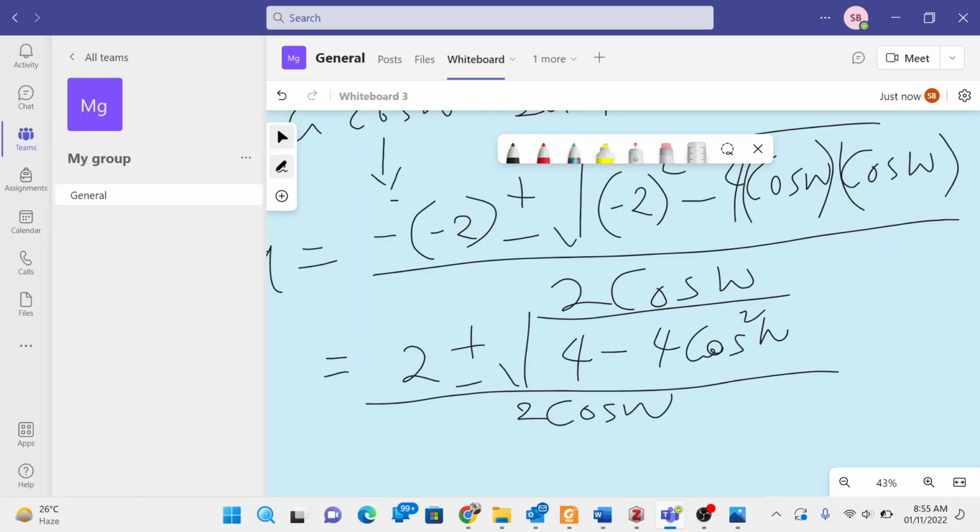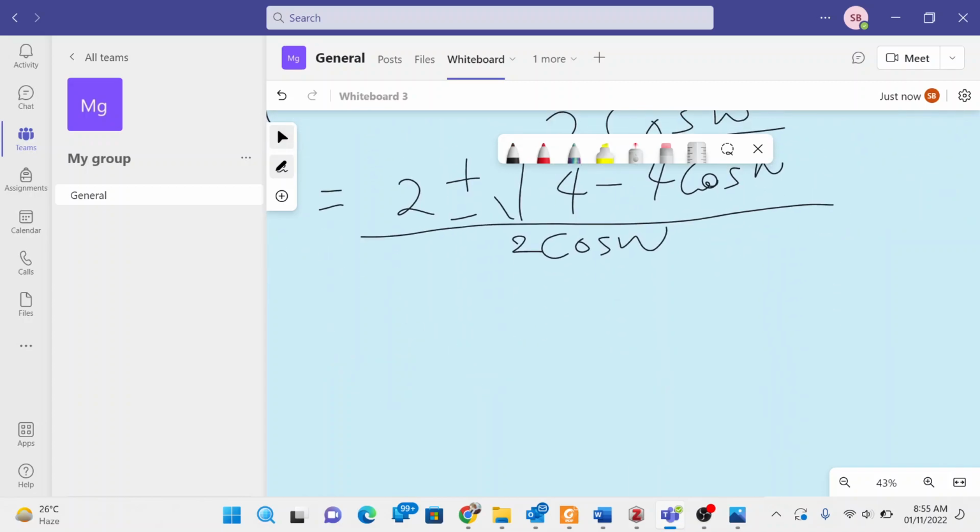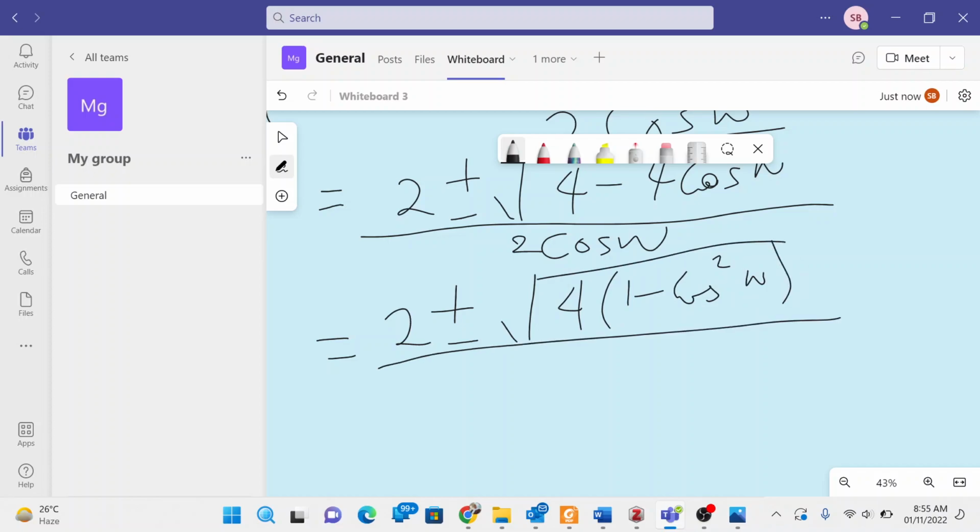From here we'll simplify further. This is going to be 2 plus or minus, if you take 4 out, this is going to be 1 minus cos squared omega, all over 2 cos omega.